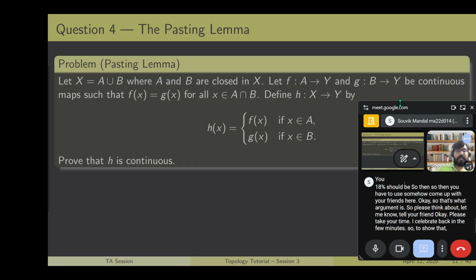So you need to show that H is continuous, okay? That's what you need to figure out. So please take your time and think about it.